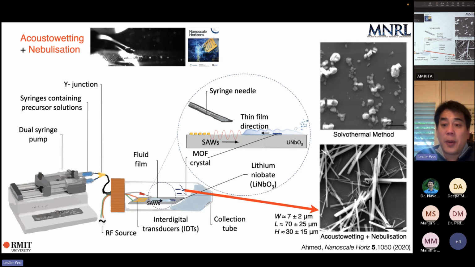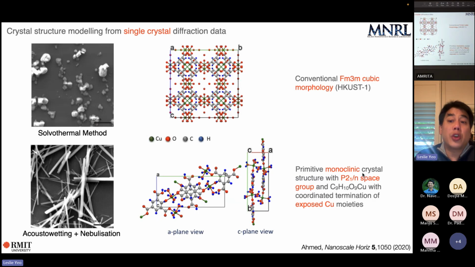In fact, we get a different morphology, these 2D-like rods, and it's a new structure. Okay, so it doesn't have the conventional cubic structure, the FM3M like H-cast. We get a different monoclinic structure, a P21N space group.